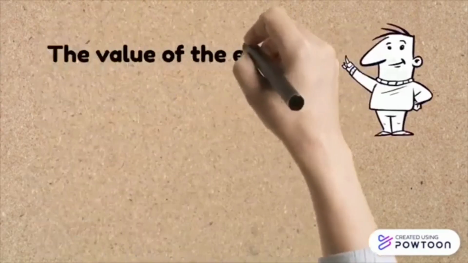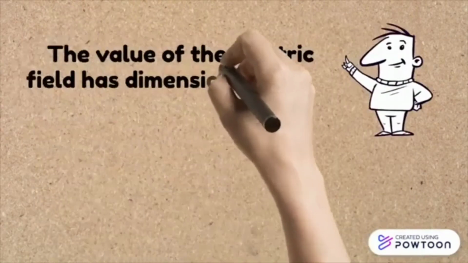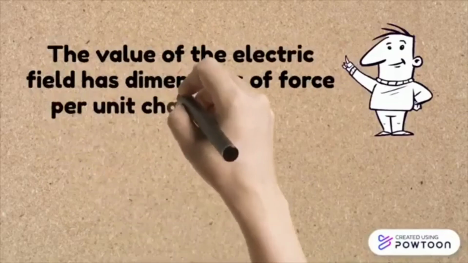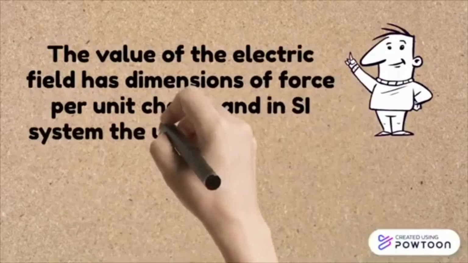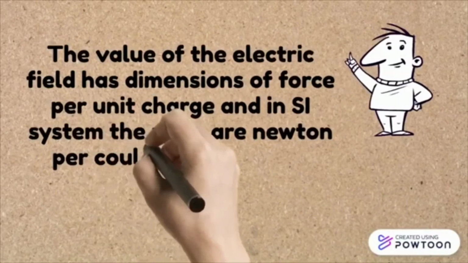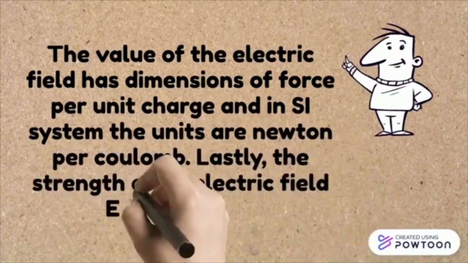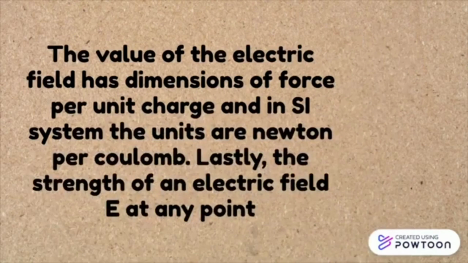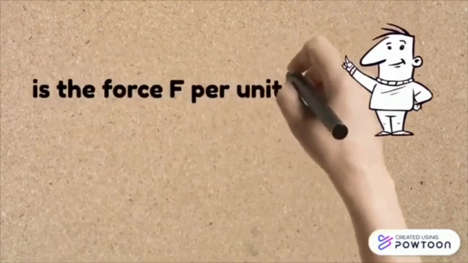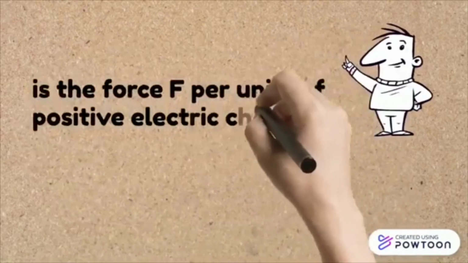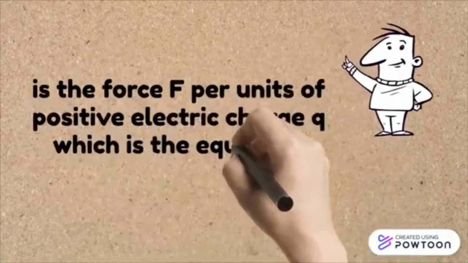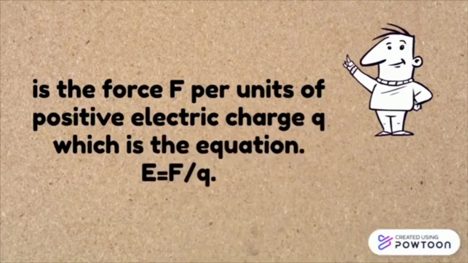The value of electric field has dimensions of force per unit charge, and in the SI system, the unit is Newton per Coulomb. Lastly, the strength of an electric field E at any point is the force F per unit of positive electric charge Q, which is given in the equation E equals F over Q.